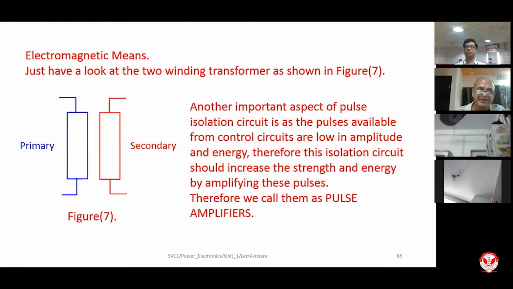On the secondary side, the number of power supplies required in the electromagnetic type, you need only one power supply, and multiple such control circuit drivers can be fed from that power supply. So their power supply requirements are pretty simple, but their main problem is that only short duration pulses can be processed with the help of this kind of switches.